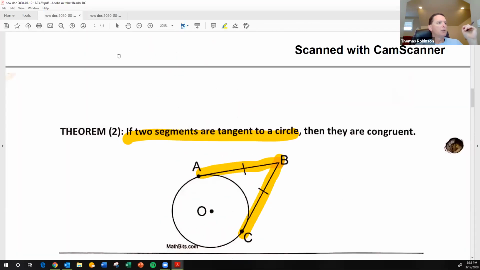So what that does is lead to a kind of cool picture. I'm going to show you this real quick, and you can look at this. This is in your notes. What you're going to find is we're going to have some congruent triangles here. So we have right triangles. You know that the hypotenuse of both triangles is the same side, so that's going to be congruent.